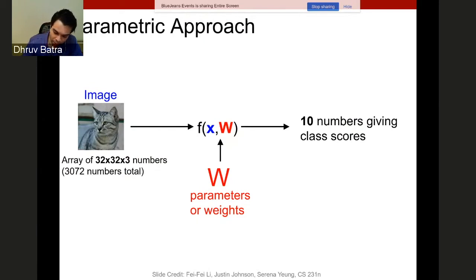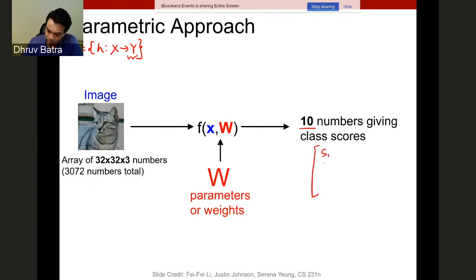So remember our hypothesis set, the set of all acceptable mappings from X to Y. Here is the simplest way of defining that model class. I said this is a mapping from X to Y, but I'm actually going to do something simpler. Instead of giving me an integer, which is a class value, I'm just going to ask for 10 numbers, which are the class scores.